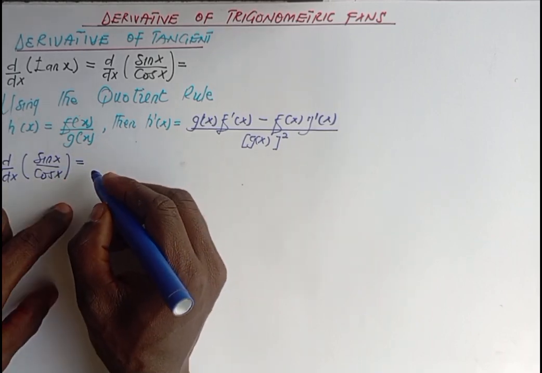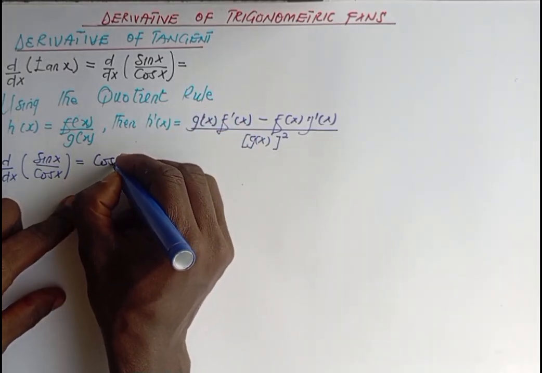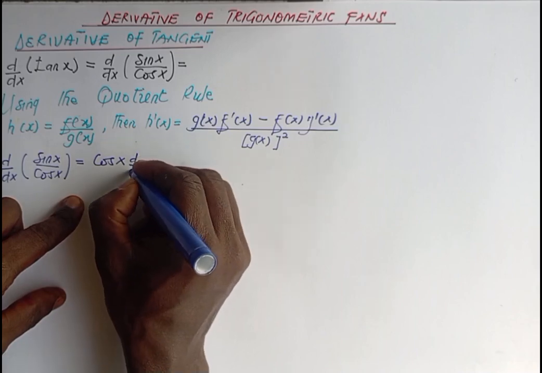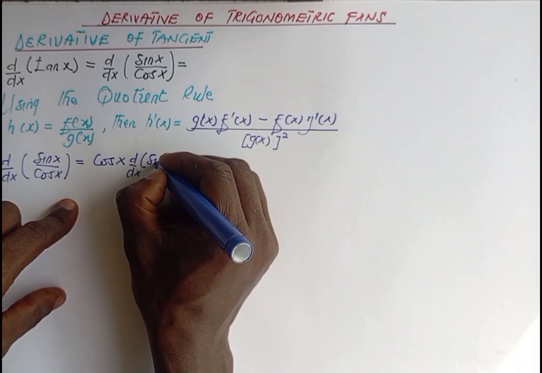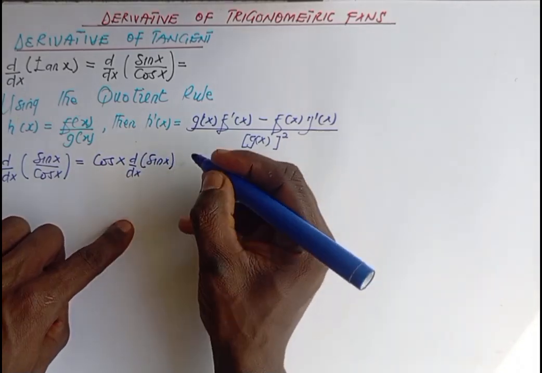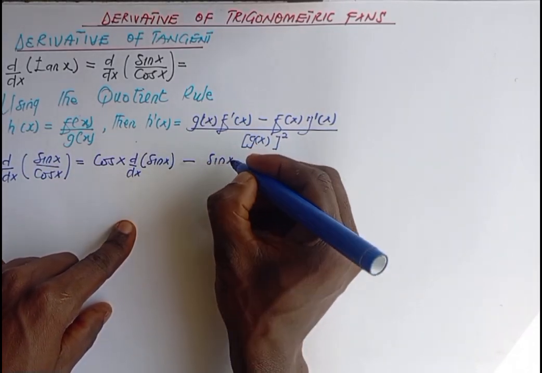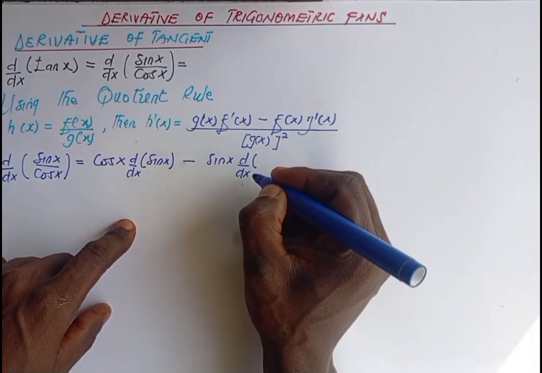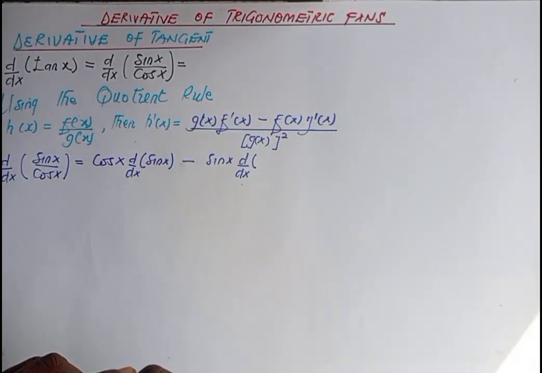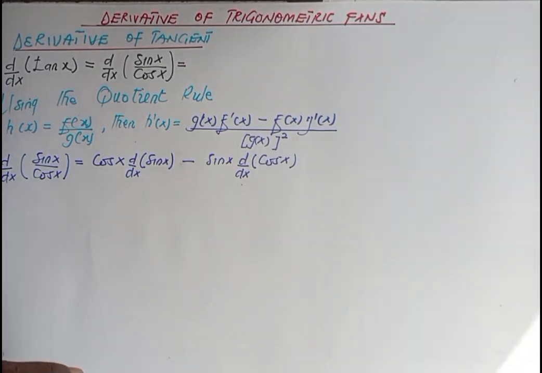We keep the down function, which is cos x, and then we differentiate the top function, sine of the angle x, and then minus, we keep the top function, sine x, and then we differentiate the down function, cos x, and this is all over cos x squared.